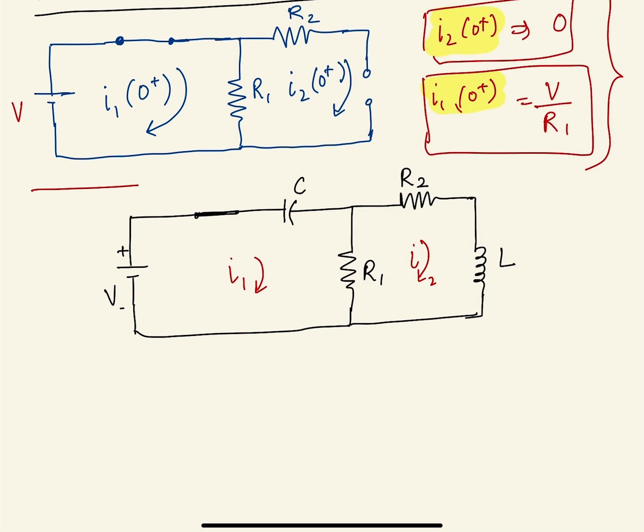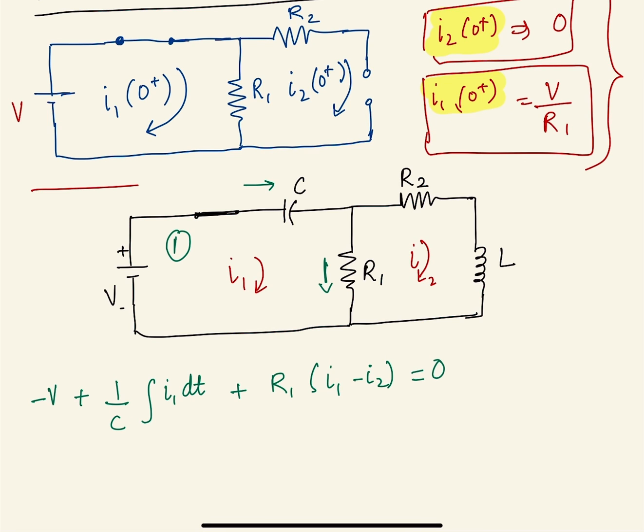Now what should be your next step? Your next step should be to simply apply KVL and KCL in this circuit, right? So let's apply KVL in loop number 1. It will simply be minus V plus 1 by C integral I1 dt, that is this current, plus R1 times I1 minus I2 is equal to 0.